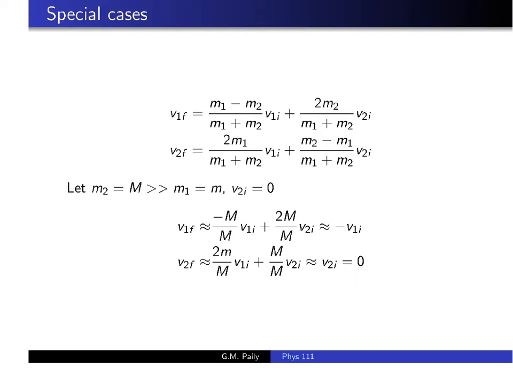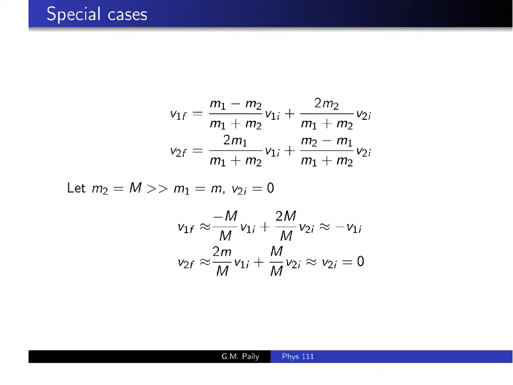What about v2 final? Again, this second term is going to disappear because v2 initial is 0. And this first term? Well, the numerator is 2 times little m, and the denominator is little m plus big M, where again the big M dominates, and so we can approximate that as 2 little m over big M times v1 initial.